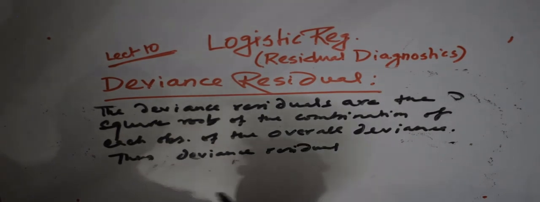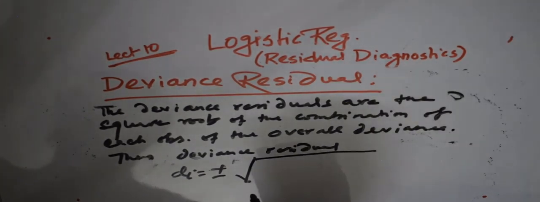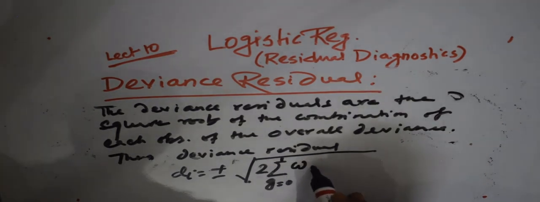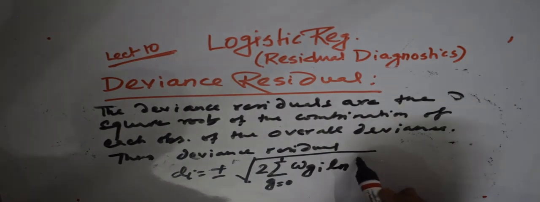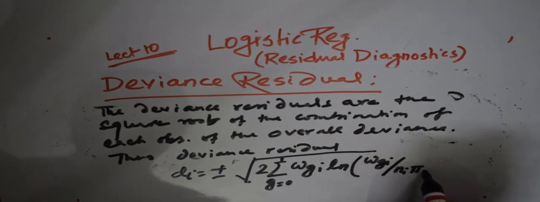So d_i equals plus minus root over 2 into the sum over g from 0 to 1 of w_gi log (w_gi by n_i pi_gi hat).